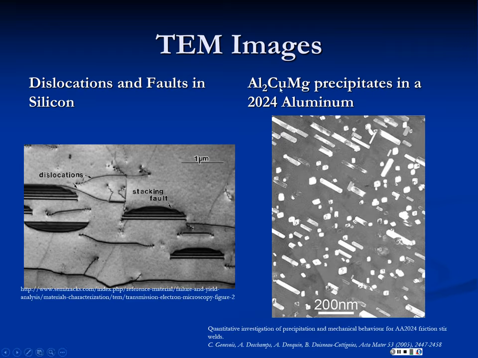They're aluminum, copper, magnesium precipitates in 2024 aluminum. And so these are tiny crystals, and this line scale is 200 nanometers. So some of these particles are on the order of 10 to 20 nanometers. So we're seeing nanoscale structures in the TEM, and have been able to since at least the 50s, when TEMs became very mature technologies.